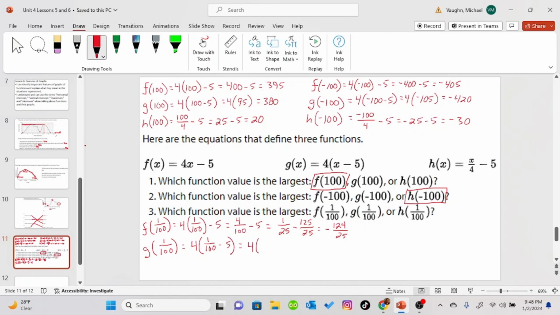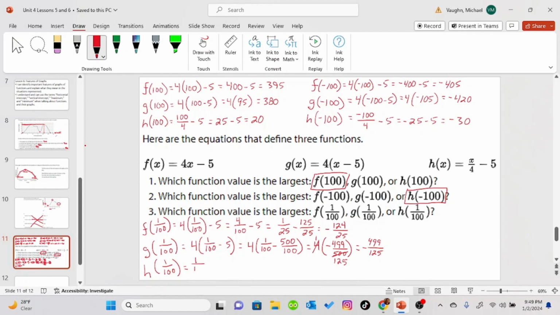That equals 4 times (1 over 100 minus 500 over 100), which equals 4 times negative 499 over 100. 4 goes into 4 once. 4 goes into 100 25 times. So this becomes negative 499 over 25.